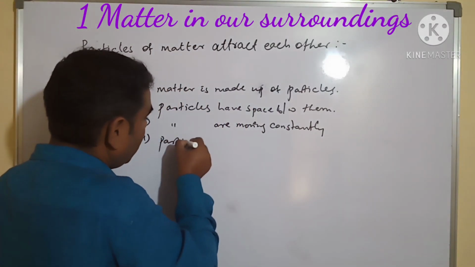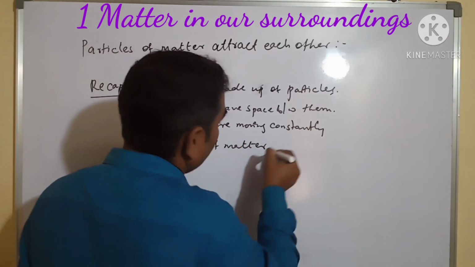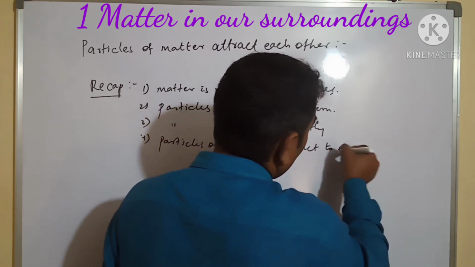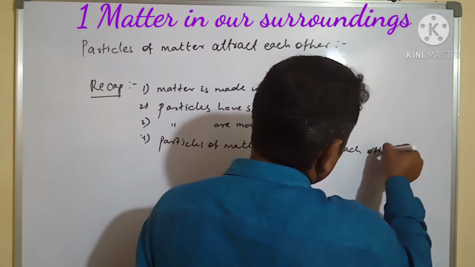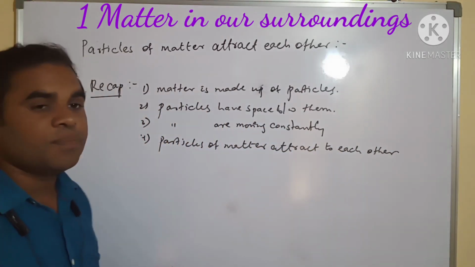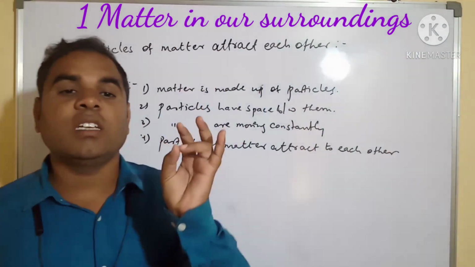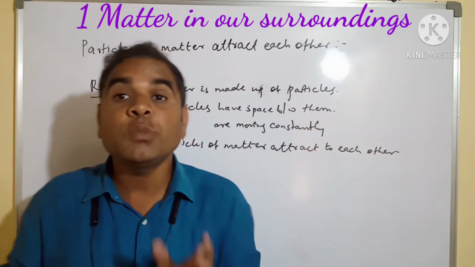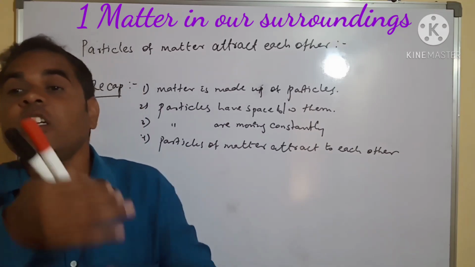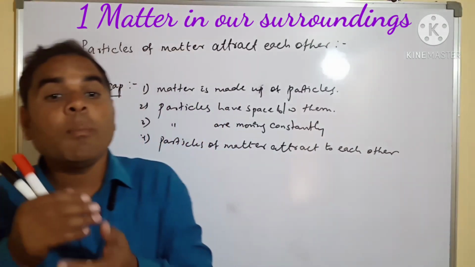See, matter is made of only small particles. Particles have space between them, and the particles are moving constantly from one place to another. See, particles of matter attract each other.